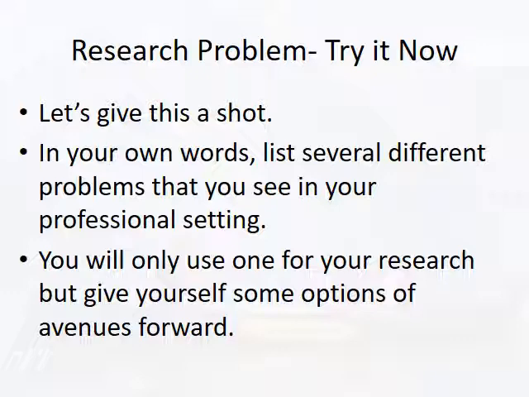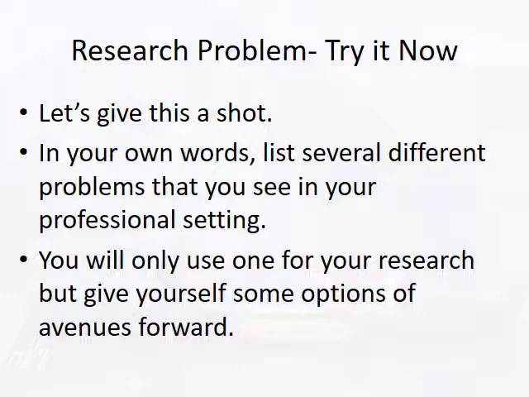But anyway, let's give this Try It Now a good shot here. In your own words, you're going to list several different problems that you see in your professional setting. To the best of your ability, please try to make one academic, one behavioral, and one attitudinal. And that last bullet point, oh yeah, you're only going to use one of these that you set forward.